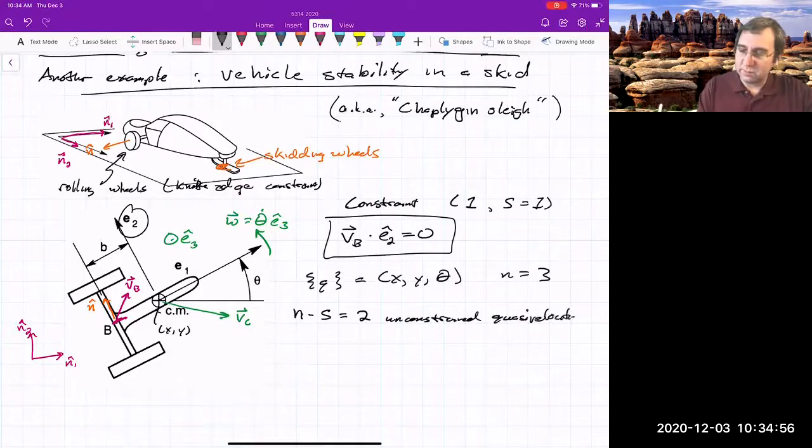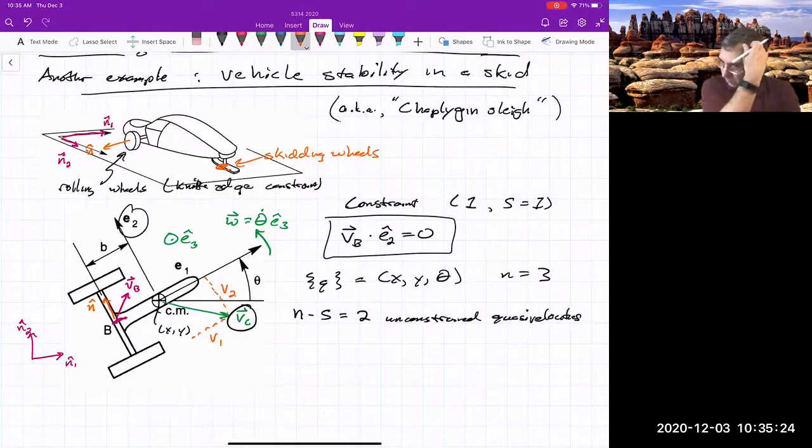Taking a hint from aircraft dynamics, we'll write the inertial velocity of the center of mass in terms of its components in the E1 and E2 directions, V1 and V2, the same as U1 and U2.